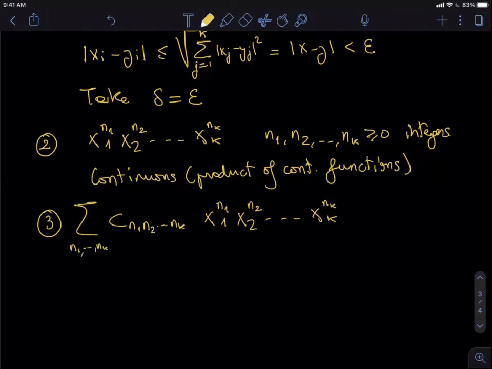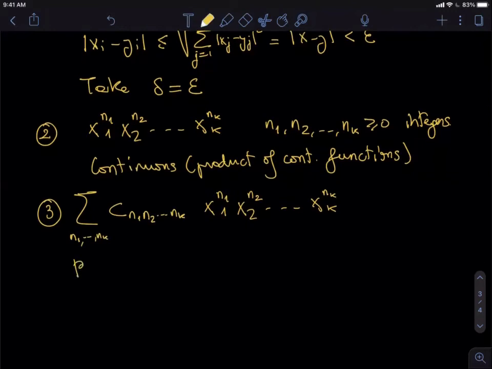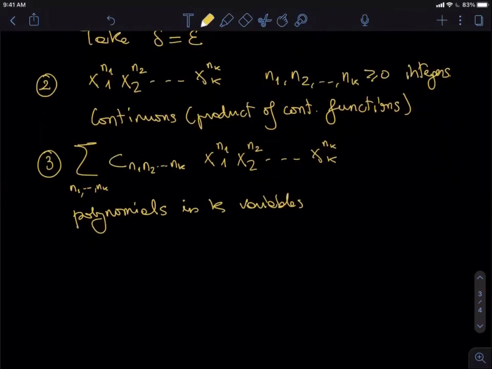And these are polynomials, polynomials in k variables. For example, I could be thinking of x_1 x_2 x_3 plus 2 x_1 squared x_3 plus 3 x_1 x_2 to the power 3, and so on. Anything I want. I could even have negatives.